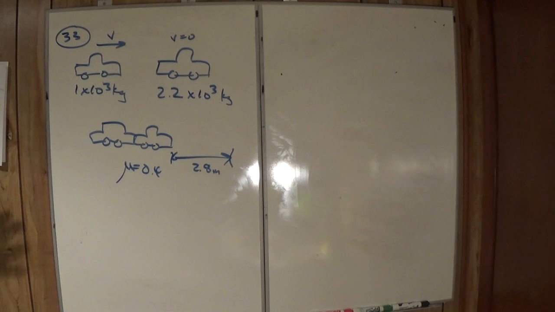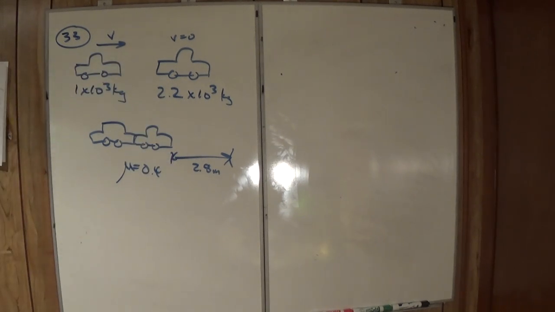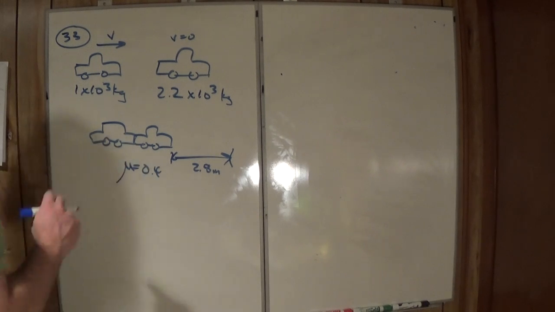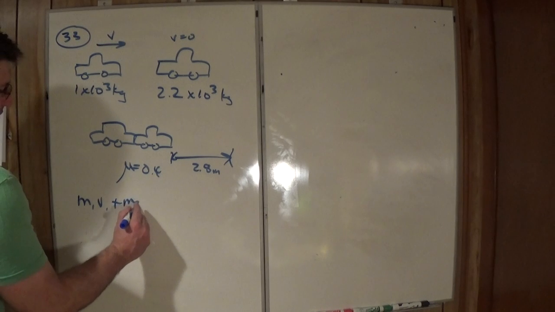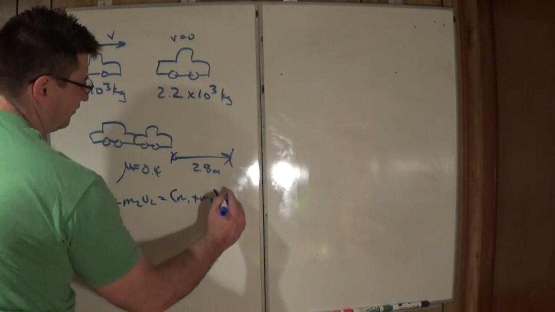Okay, so the question that they're asking is, what is the velocity of this car before the collision? We want to know how fast that Toyota was going before the impact. So we know that this is a perfectly inelastic collision. The two cars lock together. So we could write m1v1 plus m2v2 equals (m1 plus m2)v prime.